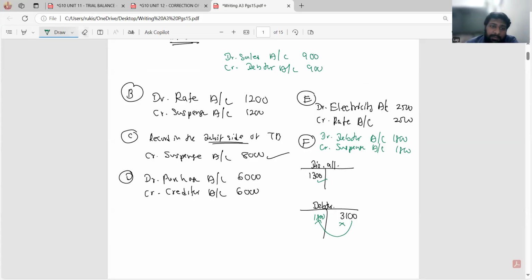So what are the items going to the suspense? This one is having a suspense, B is having a suspense, C is having a suspense, and F is having a suspense. No suspense: A does not have a suspense, D does not, E does not have a suspense.